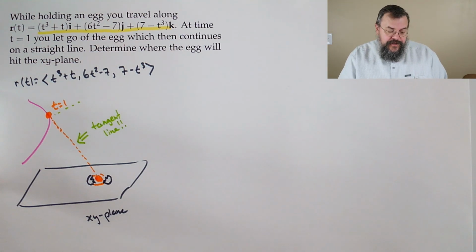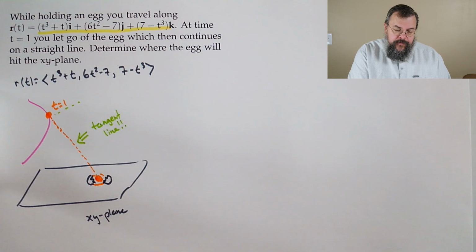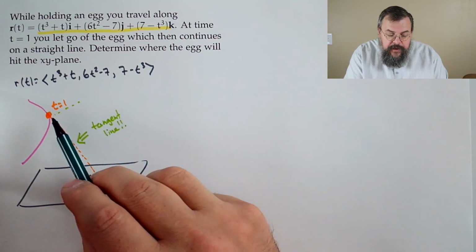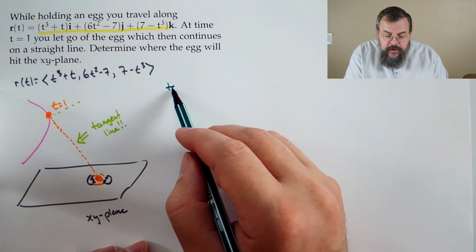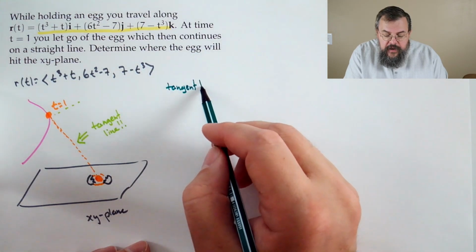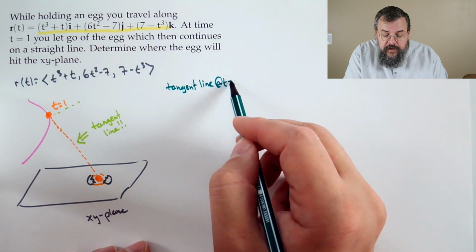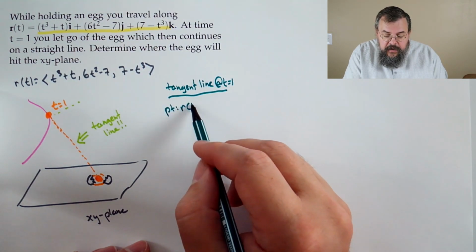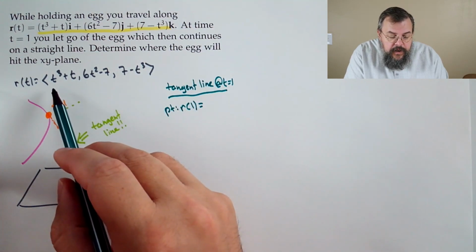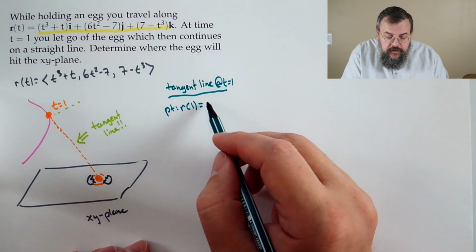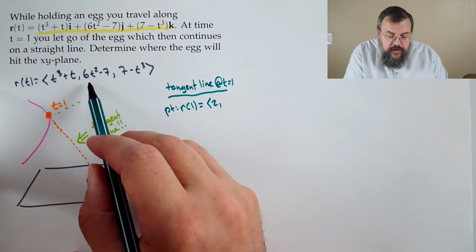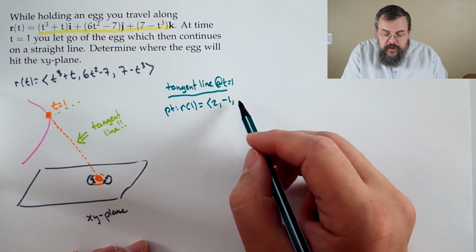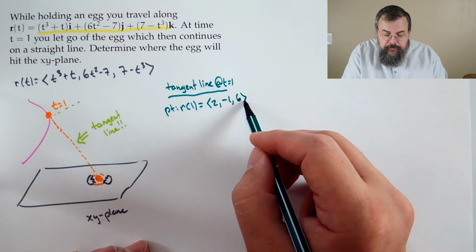Okay, so here we go. If we need our tangent line at time t equals 1, we're going to have to find our point and our slope. So our point is going to be r of 1. So we plug in 1. 1 plus 1 is 2. 6 minus 1, negative 1. 7 minus 1 is 6.